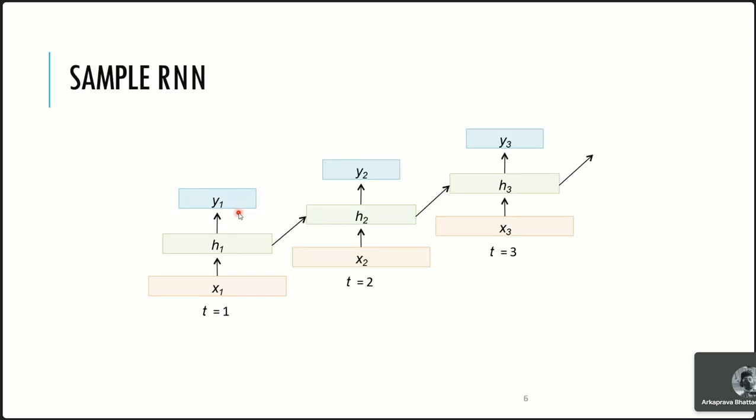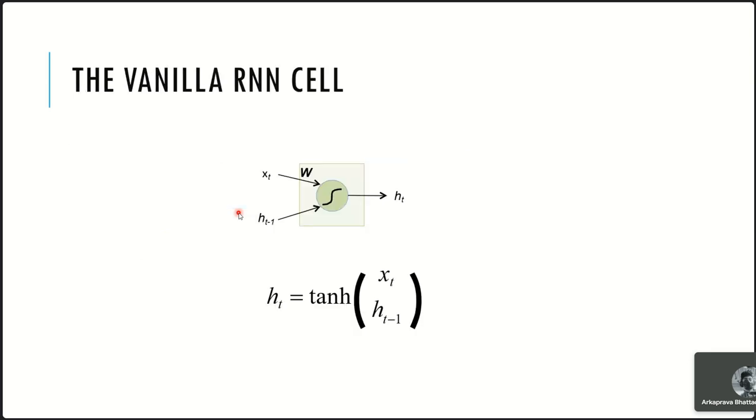Let's see what the activation function is. Now your vanilla RNN cell, that is the basic RNN cell, takes the TANH function as the activation function. We all know that there are many activation functions like the sigmoid function, ReLU activation function, the softmax function, and then the TANH function.